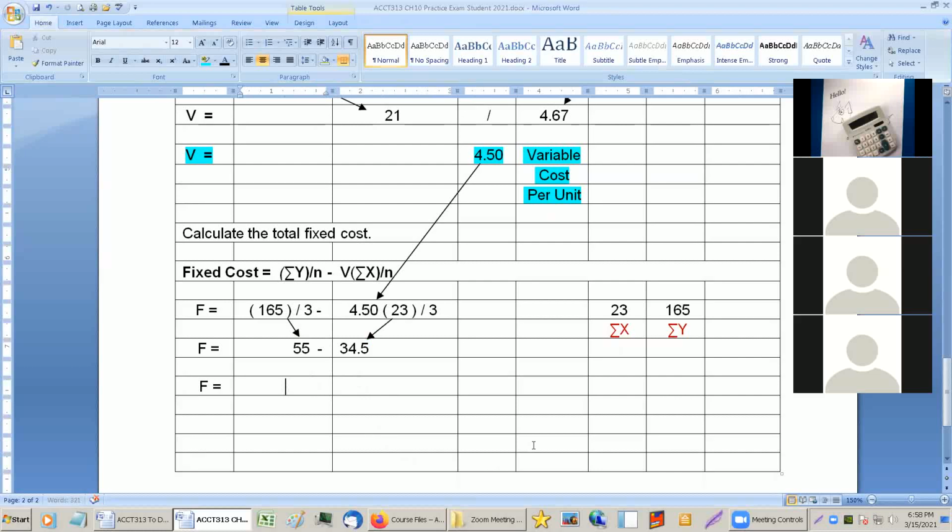So 55 minus 34.5 is 20.5. So this would be the total fixed cost.